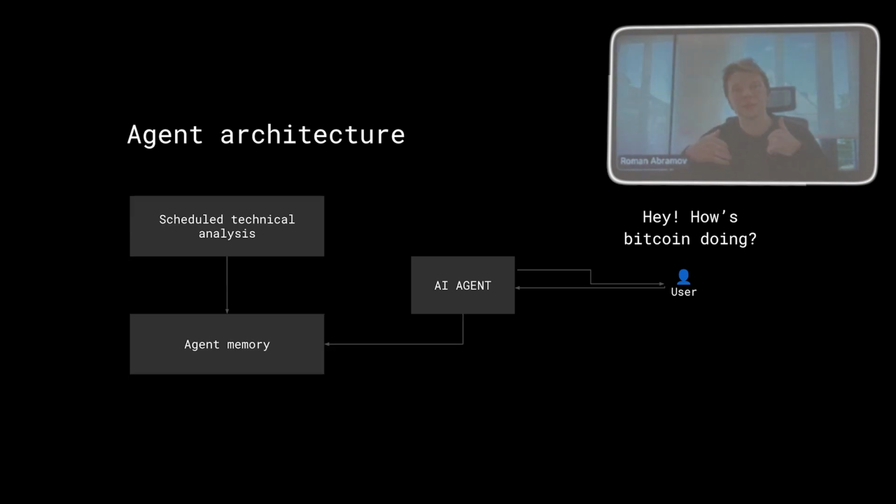And what we came up with is, we do not have the action of technical analysis, but rather a scheduled technical analysis. For example, every hour our model analyzes all the assets that we have on our platform, and then it saves it into agent memory. It is up to date, and there's not a huge delay in that.